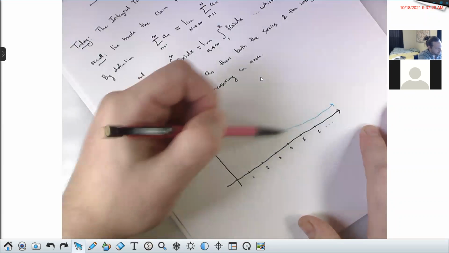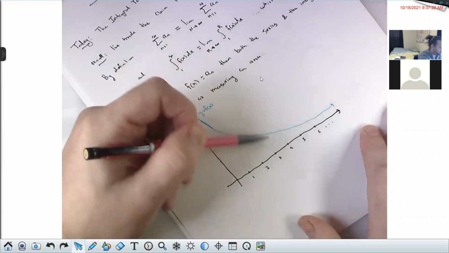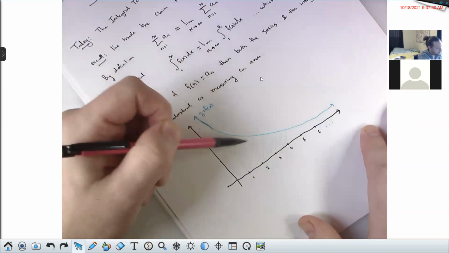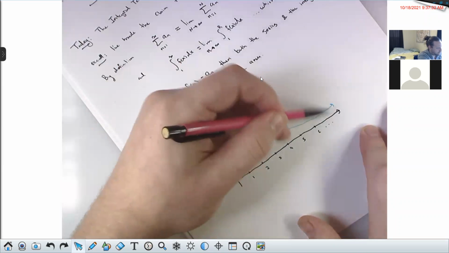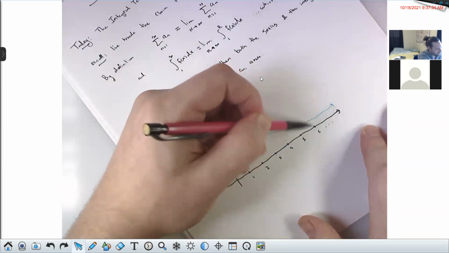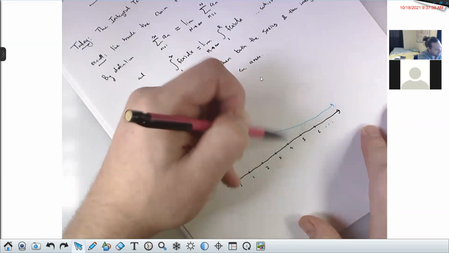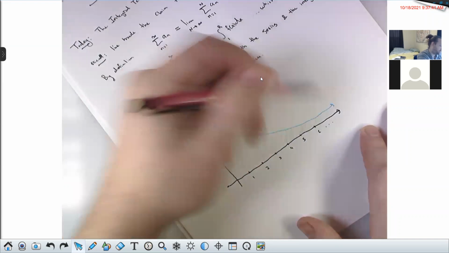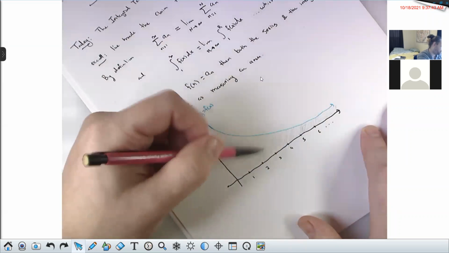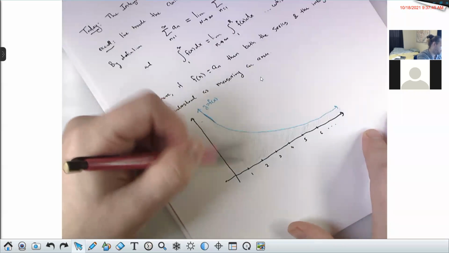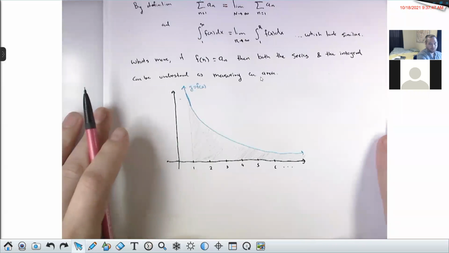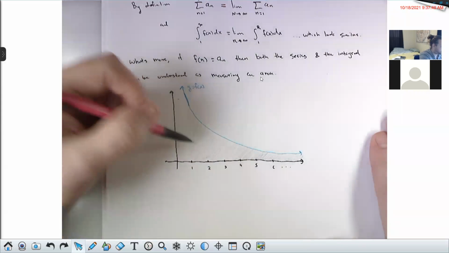All the area under the blue curve to the right of x equals 1. Right, the integral is trying to find this pencil shaded area.